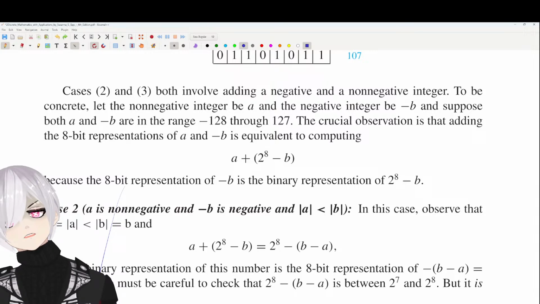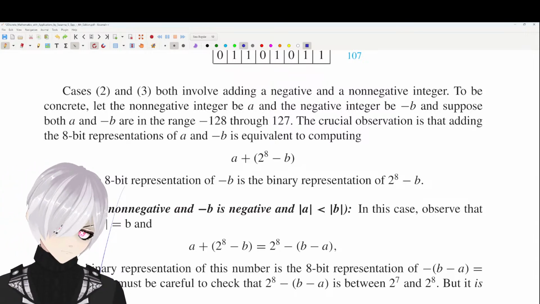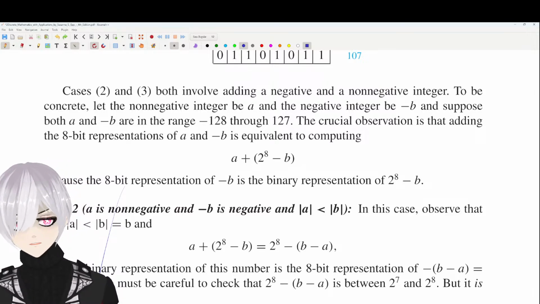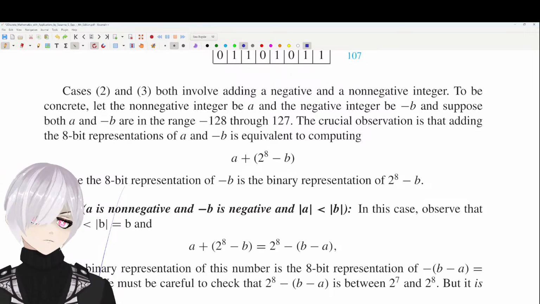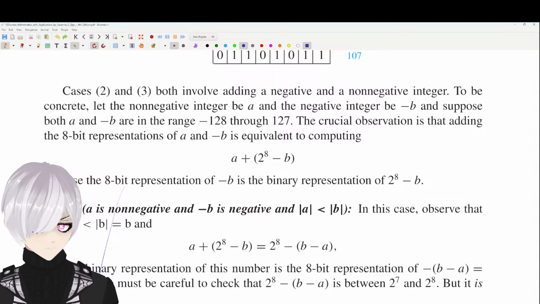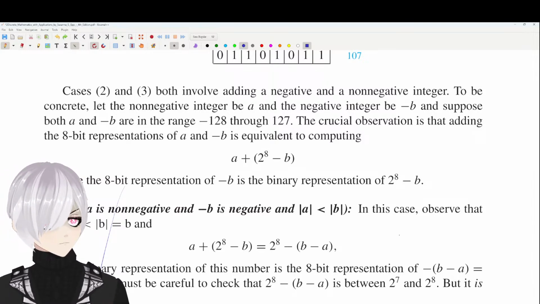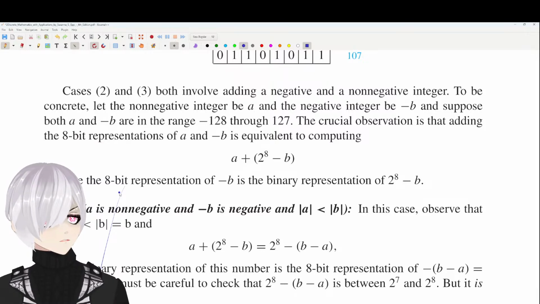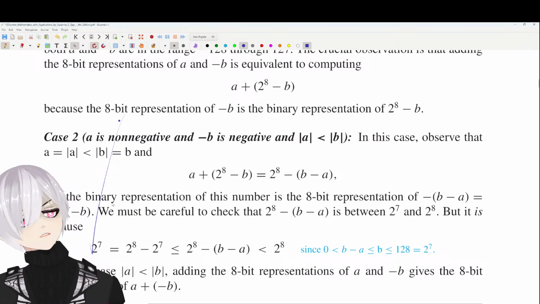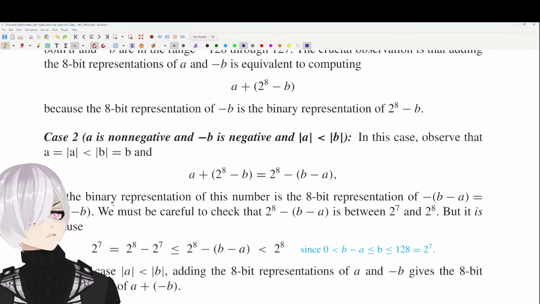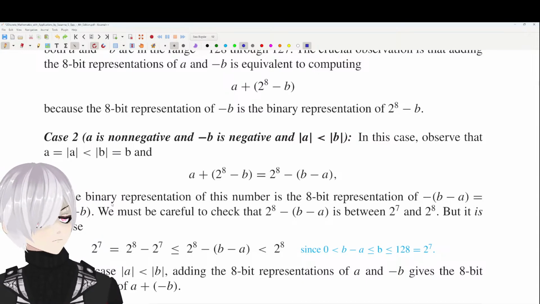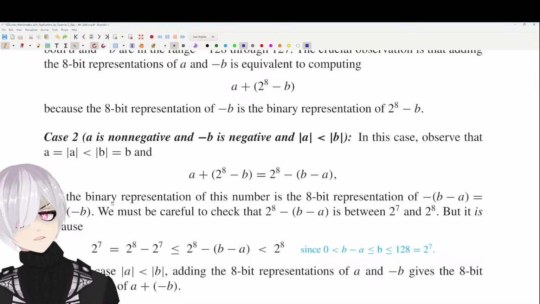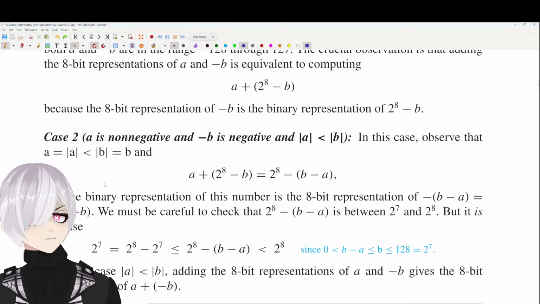Right. Yeah, because that's how they defined it. The negative integer is negative b. That makes sense. Right, because the 8-bit representation of negative b is the binary representation of the 2's complement of b.